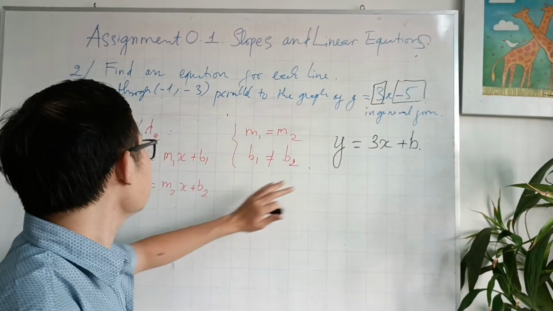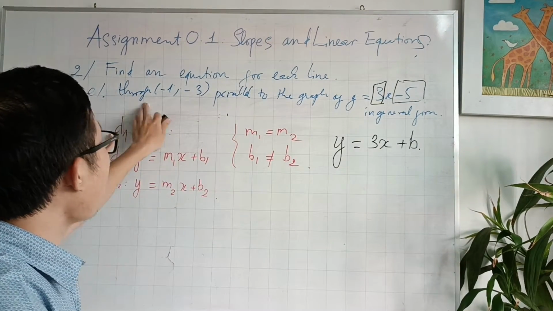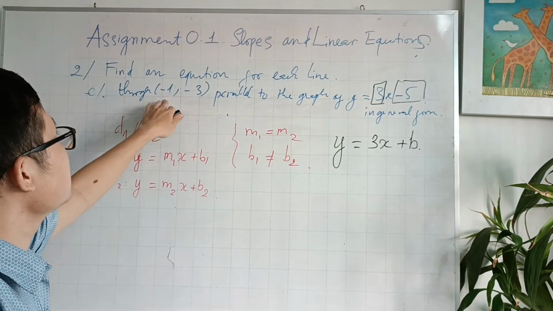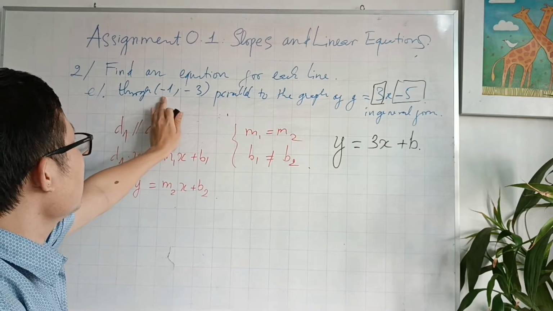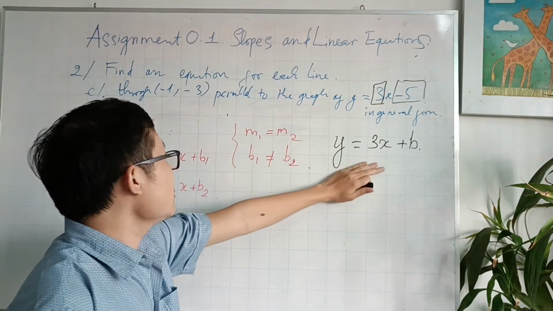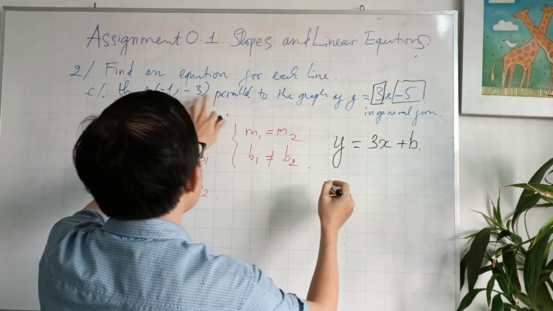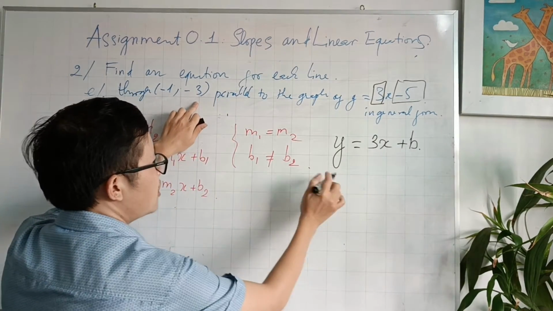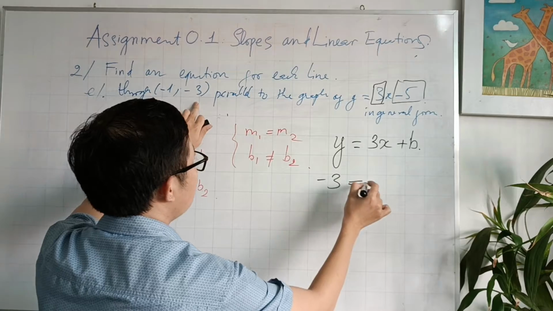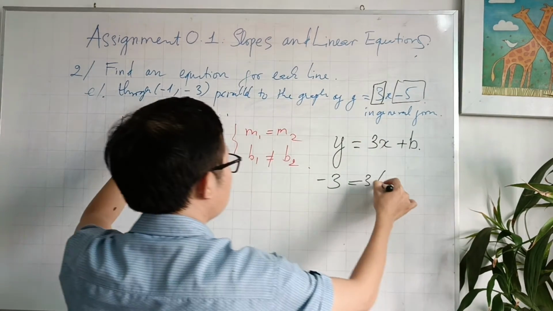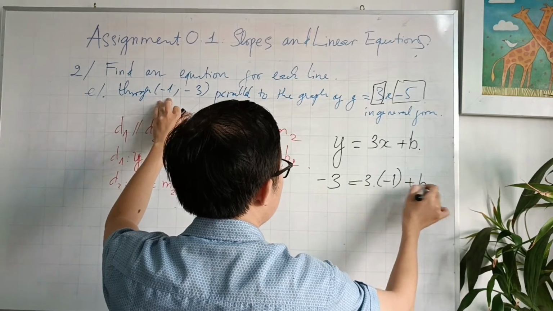And this line goes through the point -1, -3, so we substitute the numbers for the letters, so we have y is -3 equals 3 times x is -1 plus b.